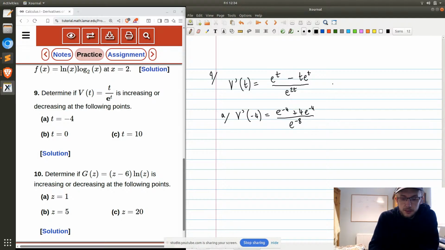And we compute, and we get 272.99. And so it's increasing.